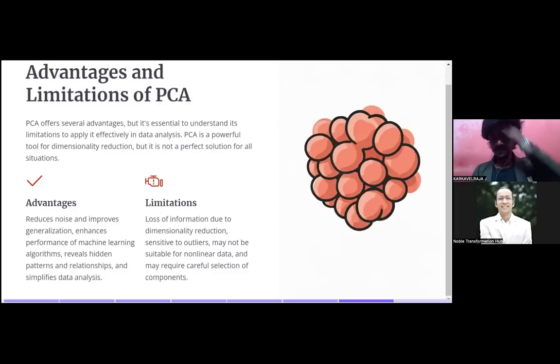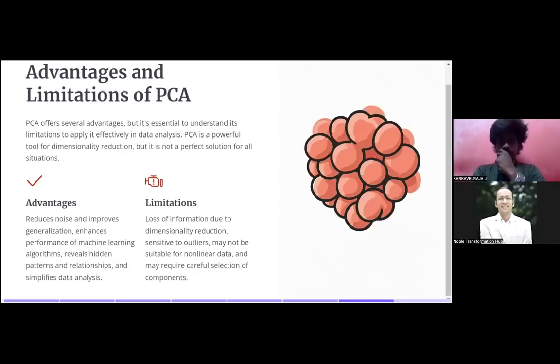Yeah, so advantages and limitations. As we know, guys, we've been reiterating this particular point that everything has limitations. Everything has its do's and don'ts, advantages and limitations. There's a duality in everything, whatever you see.